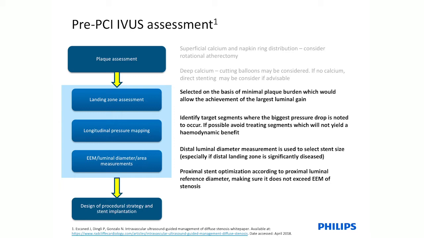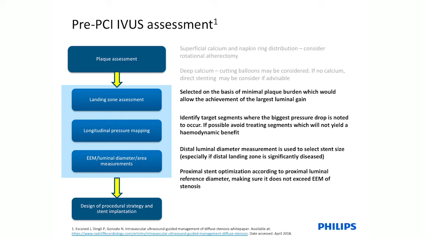But that is not enough, of course, because you really have to do the same with the proximal segment. This is something very important, and it is due to two different aspects that have to be discussed. First, the fact that you're treating a diffuse disease means that you typically will have different vessel diameters in the proximal and distal end, which is quite normal.